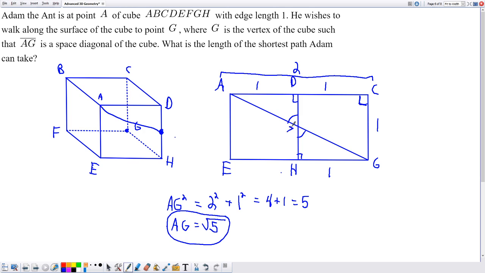I'll call this point capital M. We have angle, angle, side congruence, which means these 2 triangles are the same. So these 2 sides, MD and MH, are also the same. They would end up being half, since the side length is 1. And because of that, yes, it does end up crossing through the midpoint of DH, traveling along that surface. Just an interesting thing to note.